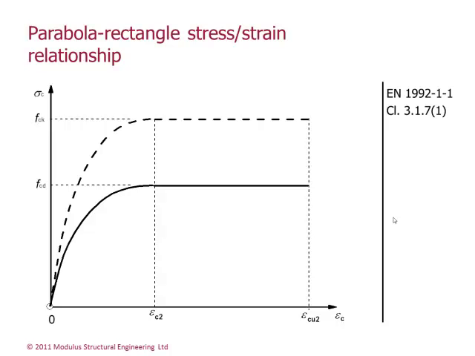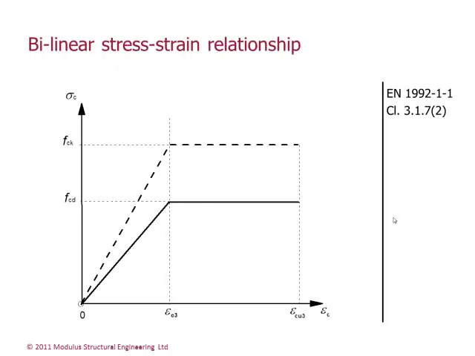The next relationship we're given is a parabola-rectangular relationship, and here we have a parabolic shape up until we reach our concrete design strength of fcd, and then for increasing strain we have constant stress. And again, this is quite complex to use, and the benefits are fairly small, so we're not going to be using this in this session.